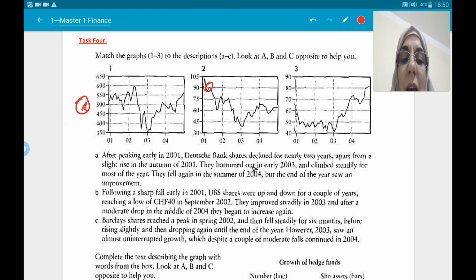They bottomed out in early 2003. Here is 2003, they bottomed out. And climbed steadily for most of the year. They fell again in the summer of 2004. Here is 2004.